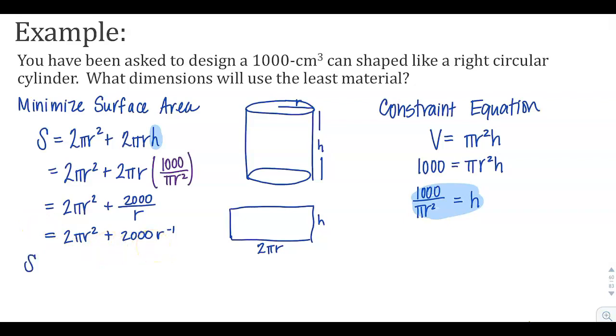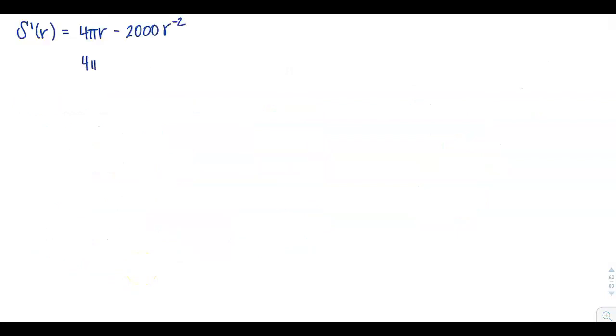So my derivative, S prime of r, I'm taking the derivative with respect to r, is 4 pi r minus 2,000 r to the negative 2. And I'm going to need to rewrite this as a rational expression. So I have 4 pi r minus 2,000 over r squared. And I want that common denominator of r squared, so I'll multiply the top and bottom by r squared, and I'll end up with 4 pi r cubed minus 2,000 over r squared.